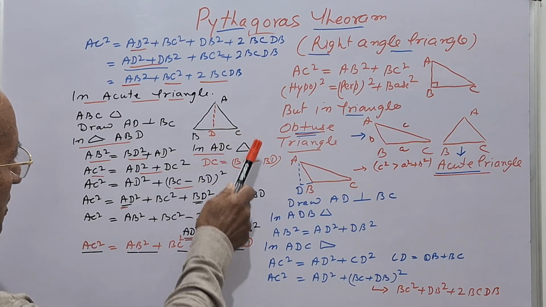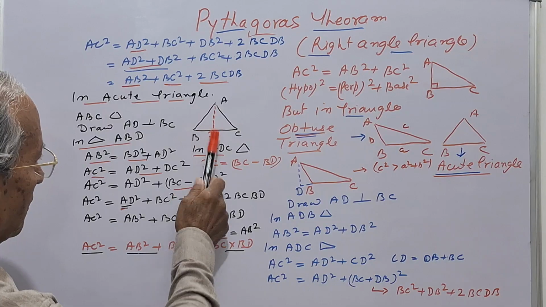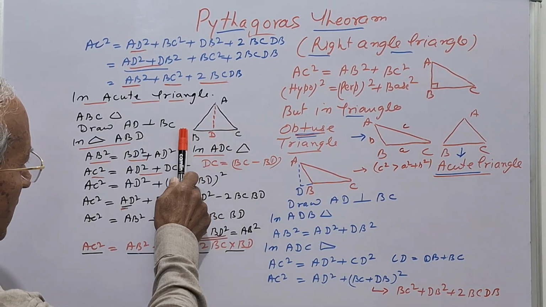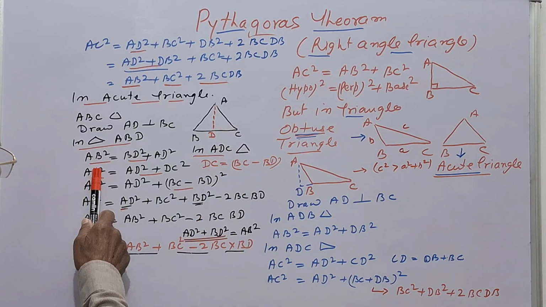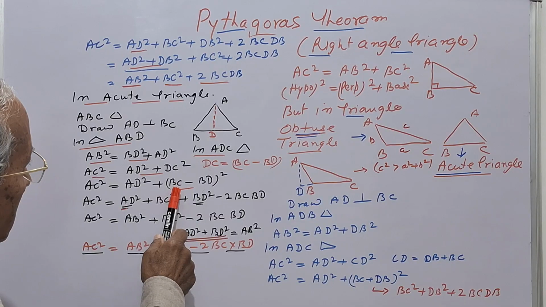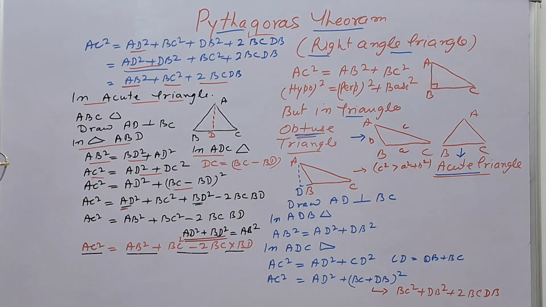Now here DC is equal to BC minus BD. So AC square is equal to AD square plus BC minus BD whole square.